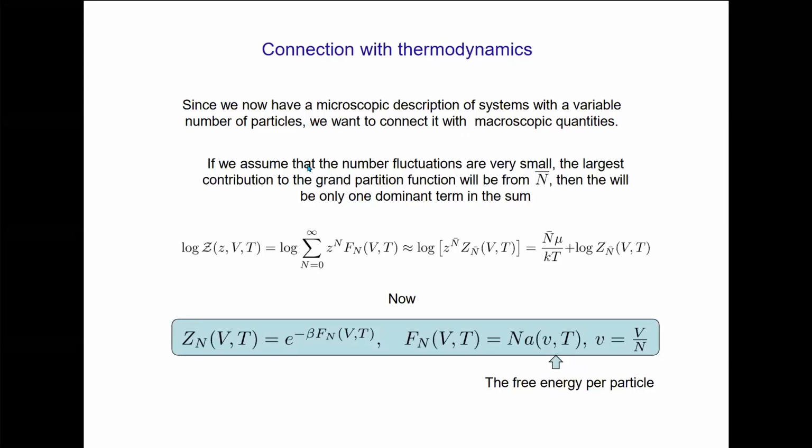If we assume that the fluctuations of the number of particles are very small, and I just showed you on the previous slide that they are indeed getting smaller and smaller as the system gets large, then we expect that the largest contribution to the grand canonical partition function will come from the average number of particles.